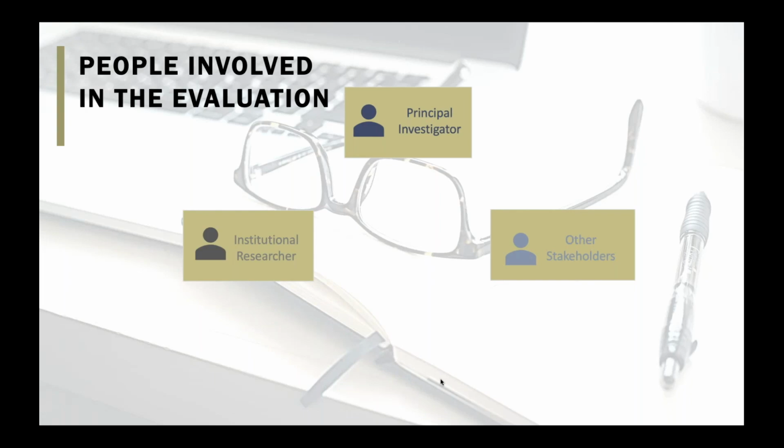Some of these other stakeholders could be a co-PI, another project team member, or somebody else within the institution, or maybe another partner. And so those are some other individuals that you want to make sure to involve within the evaluation. And then, of course, there's also the external evaluator.